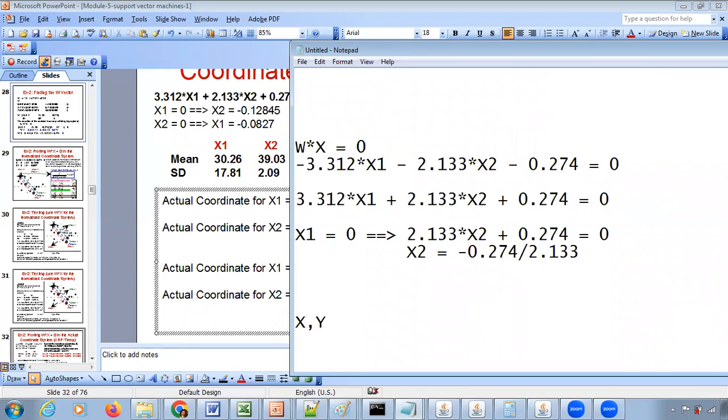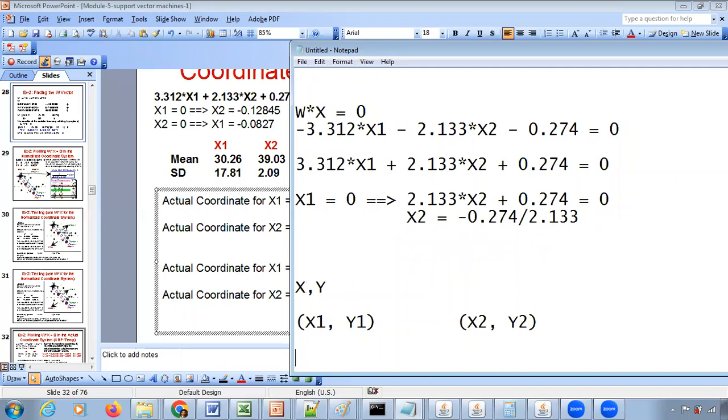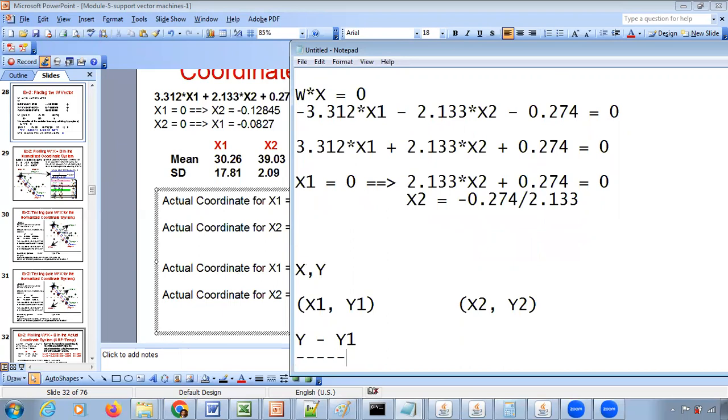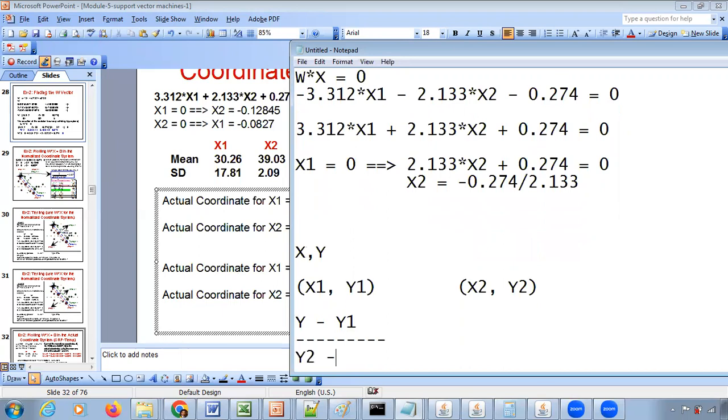If you have 2 points, x1, y1, and x2, y2, then the equation of the line connecting the 2 points is going to be y minus y1 divided by y2 minus y1 equals x minus x1 divided by x2 minus x1.